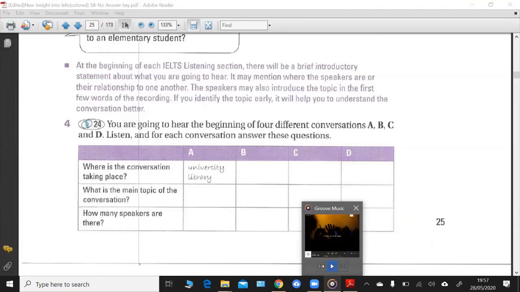Okay, so this one is the first one, and the place is University Library. And what is the main topic of the conversation? I will just write a few words. Difficulty with assignment. Three words, perfectly all right. Or you can write a whole sentence, like the speakers have difficulty with the assignment.